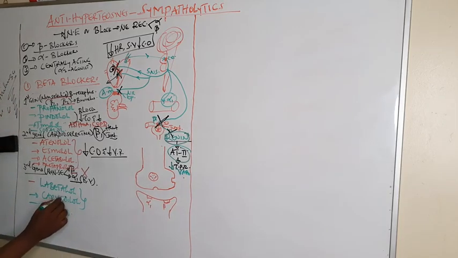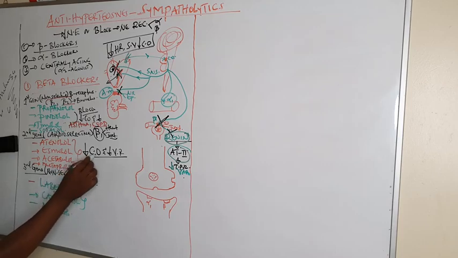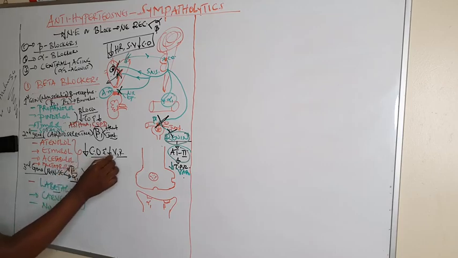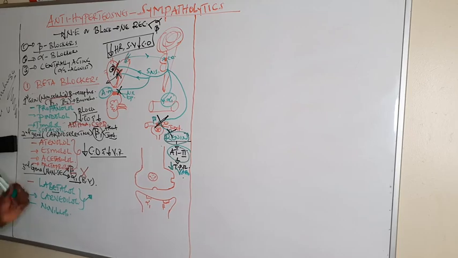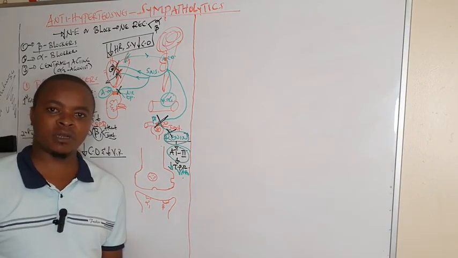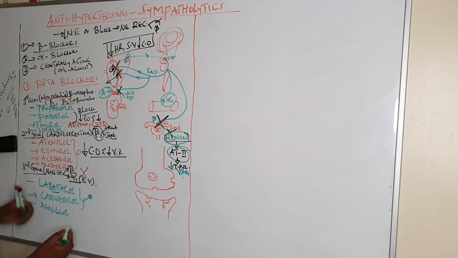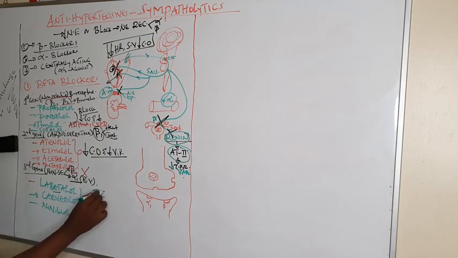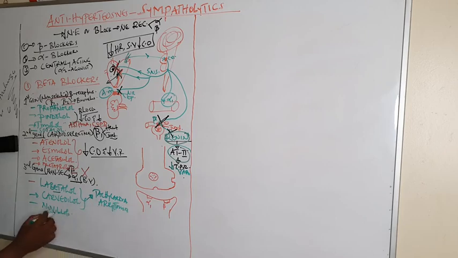So their problem is that when taken, because they are decreasing both cardiac output and vascular resistance, some of the side effects they can bring about are rebound hypotension, or sometimes they can cause tachycardia, reflex tachycardia. This is one of the side effects. Reflex tachycardia and cardiac arrhythmias. These are the side effects of these drugs.